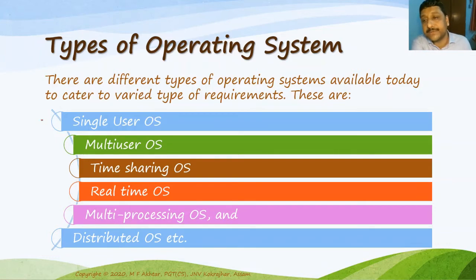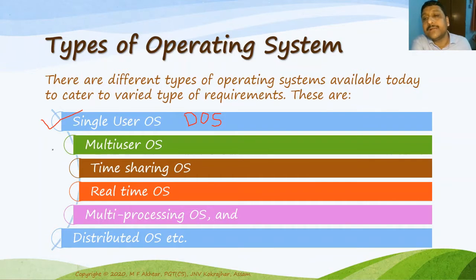Single user operating system: if a computer is meant to work with only a single user, then a single user operating system is available. For example, DOS is an example of single user operating system.